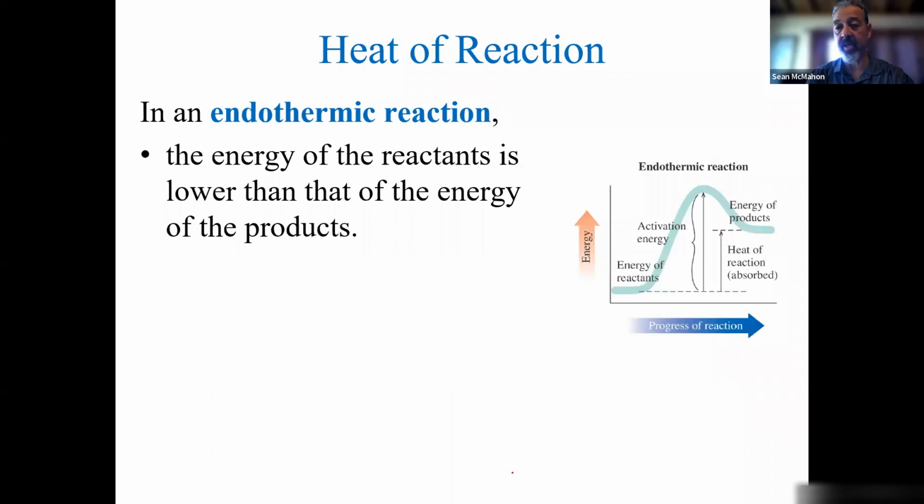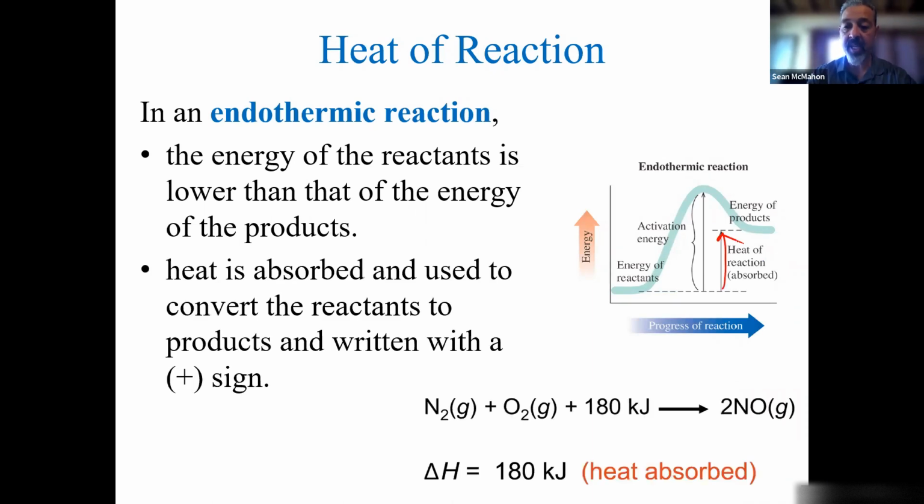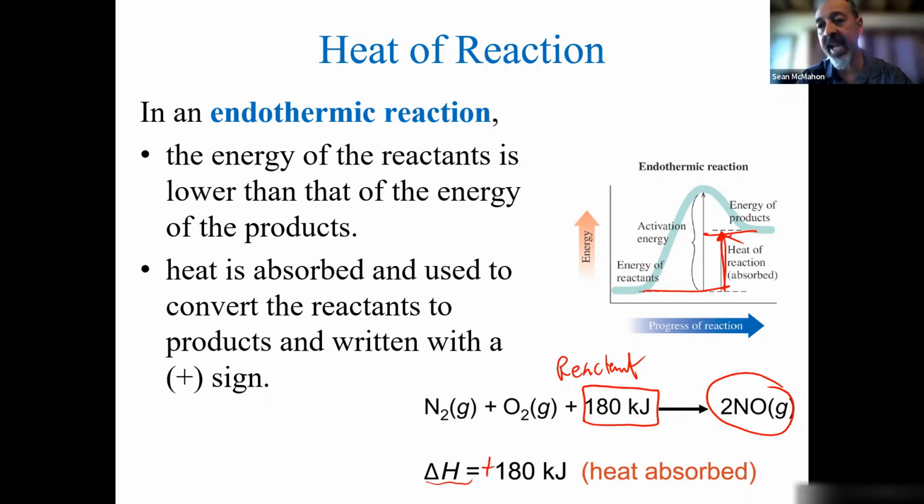In an endothermic reaction where heat must be absorbed, now they could do two things. They can write the heat on the reactant side because we need energy to go to the higher potential energy of this product. Or if they don't include the heat in the reaction, they'll just write the enthalpy of reaction or the heat of reaction to the side of the reaction and they'll put a positive. Or they won't make it negative. It'll be positive because heat is entering, it's absorbing.